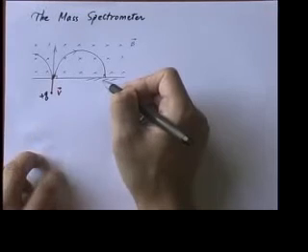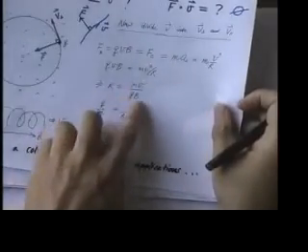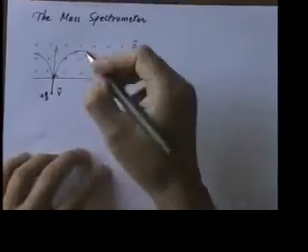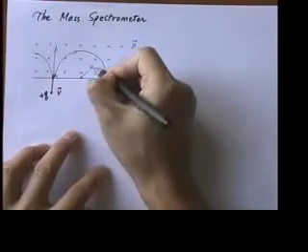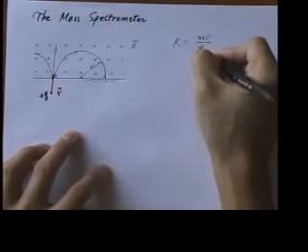What is the radius of that circle? Well, didn't we calculate that before? We found it was equal to mv over qB. So I'm going to copy that: the radius of that circle, r, equals mv over qB.